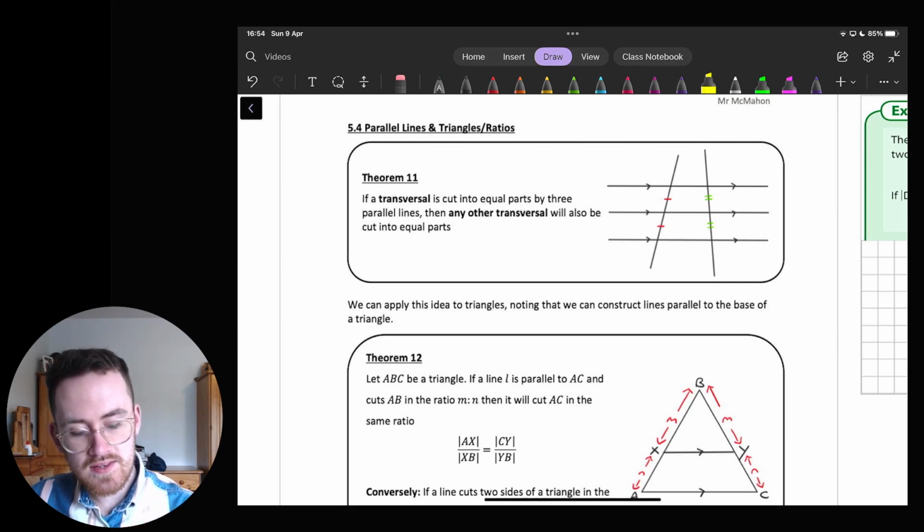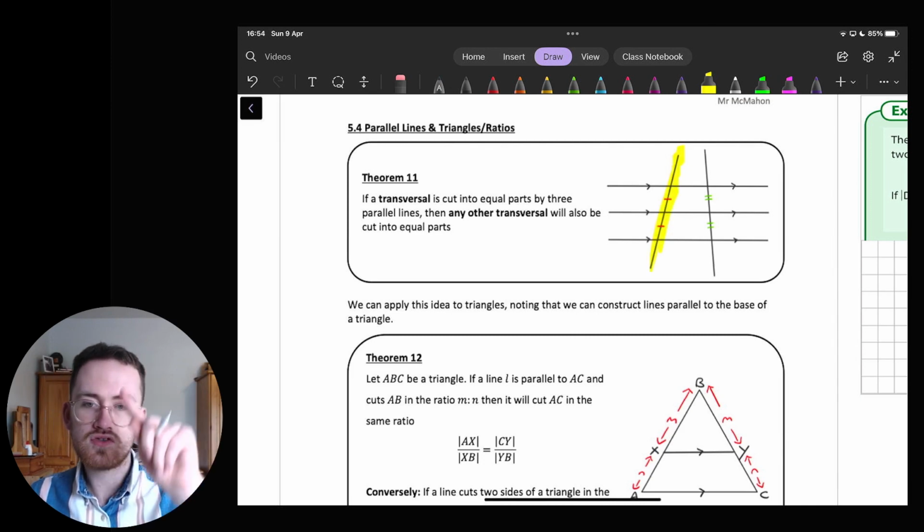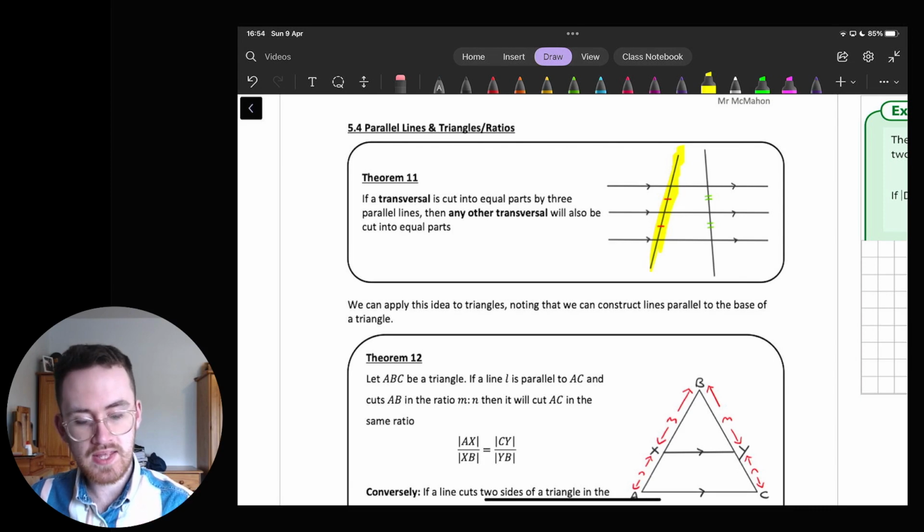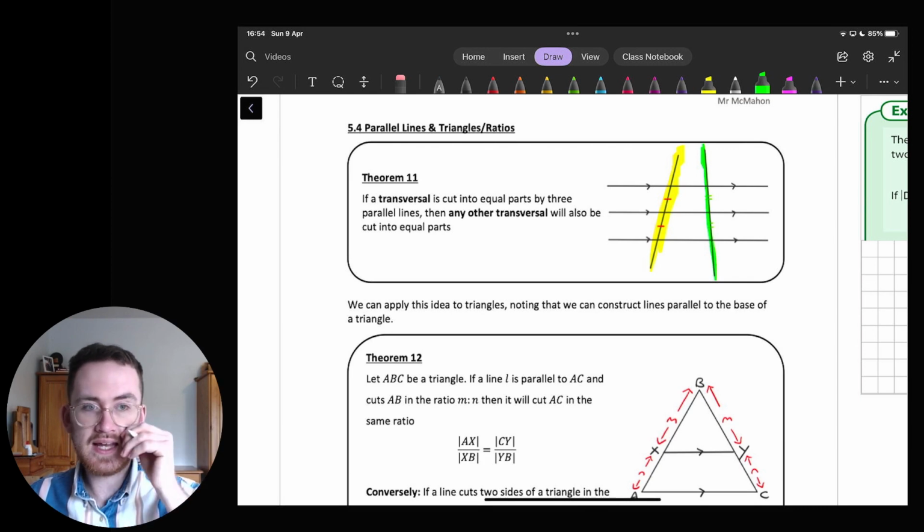So if I have a line like this one marked in yellow, going straight down across 3 parallel lines, then if I draw another line, this green line, across these same 3 parallel lines, it will also be cut into equal parts.